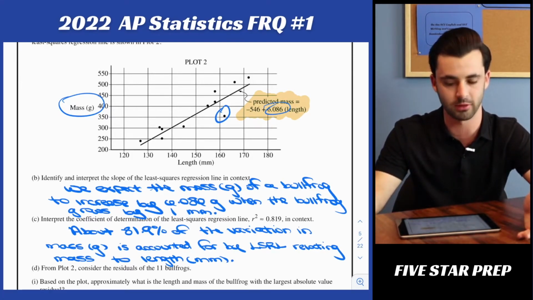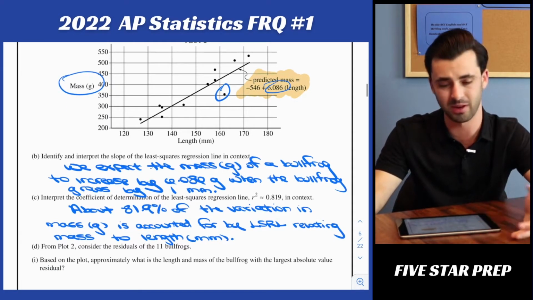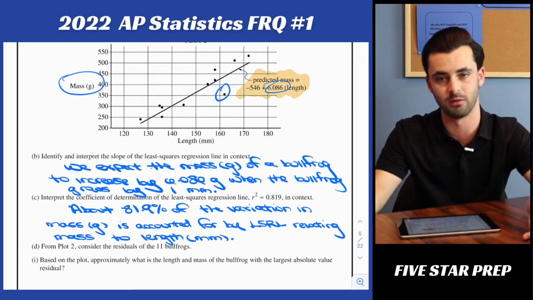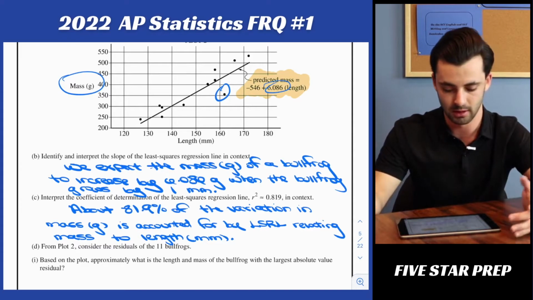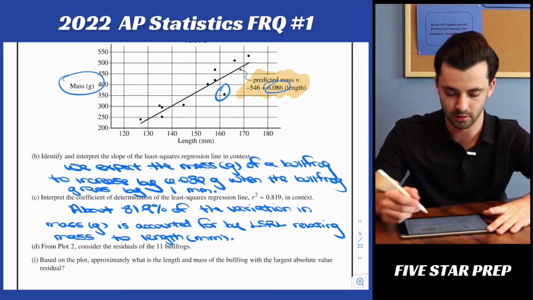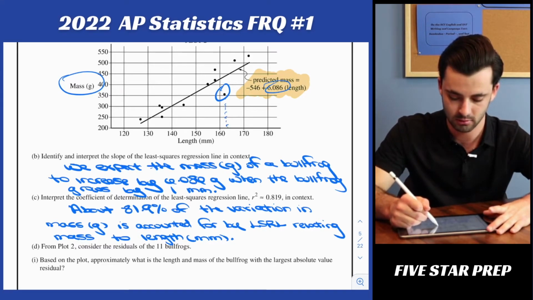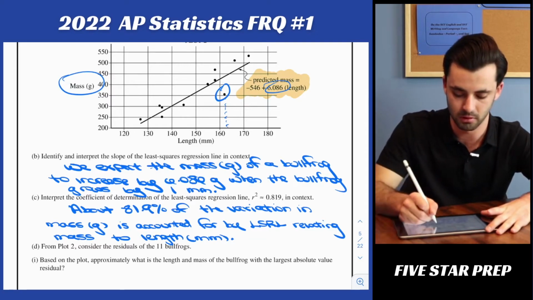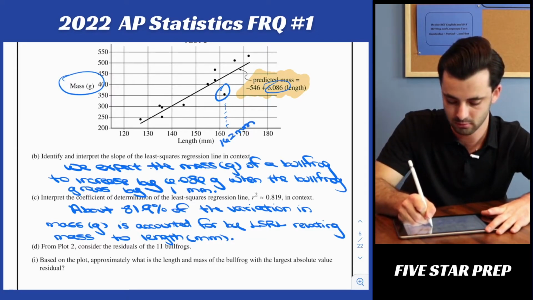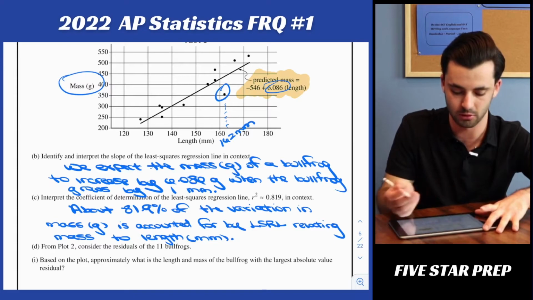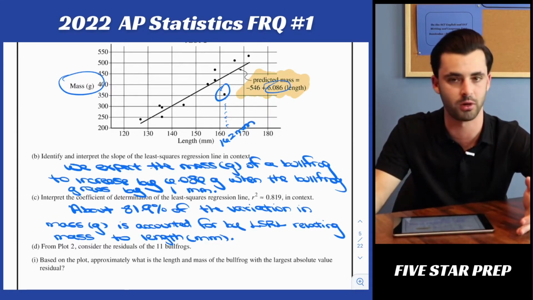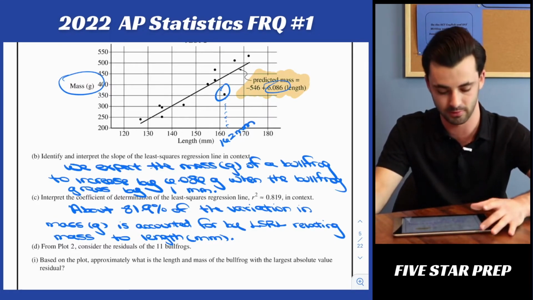Here we just want to say what that point is. So here, to identify it, I would just say what its x value is and its y value. In this case, its x value is going to be, give or take, 162 millimeters. And its y value, just going across, is going to be just above 350 grams, maybe 355.